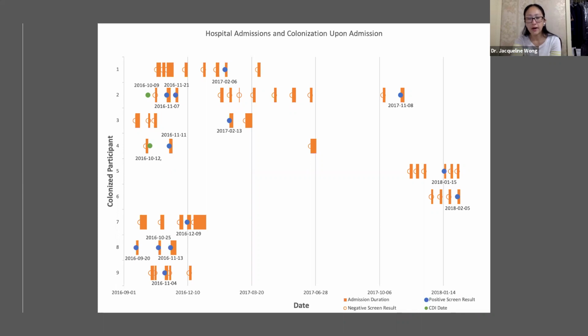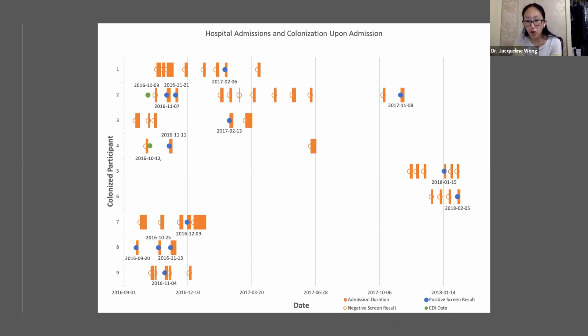difficile. As you can see here in the graphic, there are 2 green dots for patient 2 and patient 4. And these patients had C. difficile prior to the first positive colonization swab. And in one instance, patient 2, we found that within a week, they no longer had C. difficile identified.